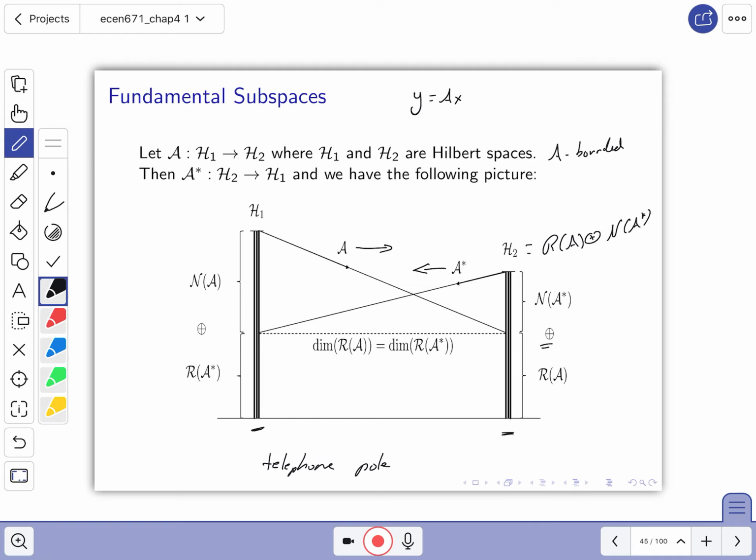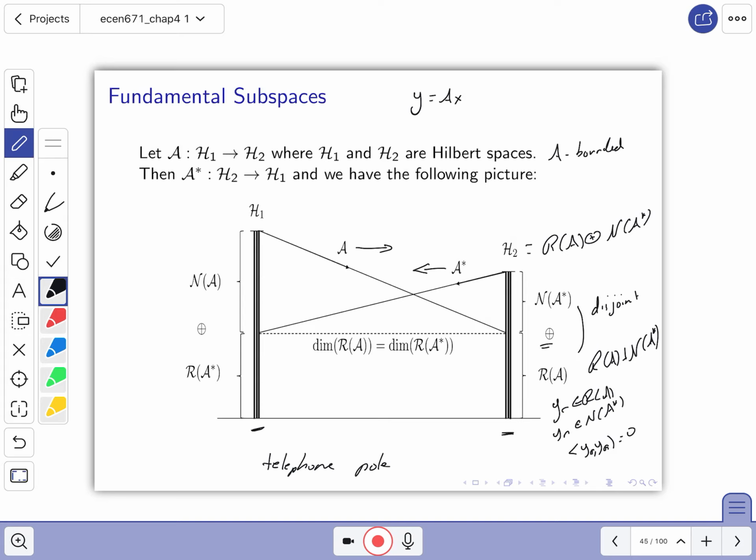In other words, these spaces are disjoint, and they're also orthogonal to each other. So the range space of A is orthogonal to the null space of A star, and that means that if YR is in the range space of A and YN is in the null space of A star, then the inner product of YR with YN is equal to 0.